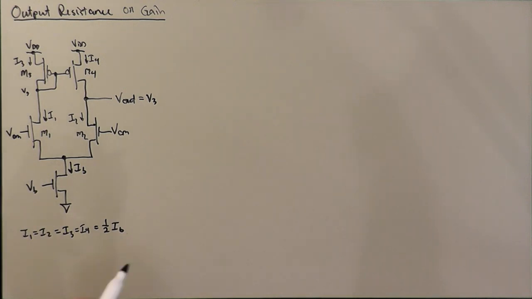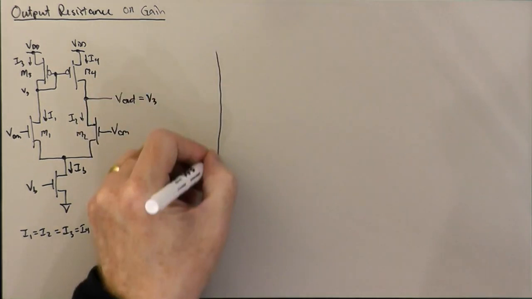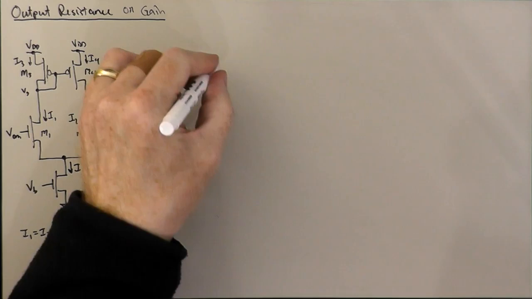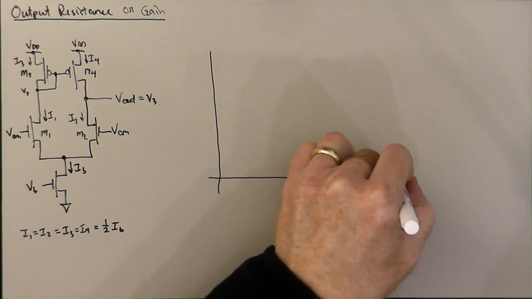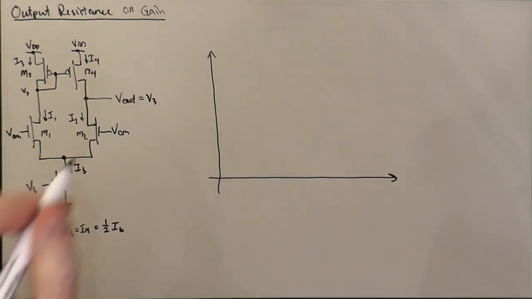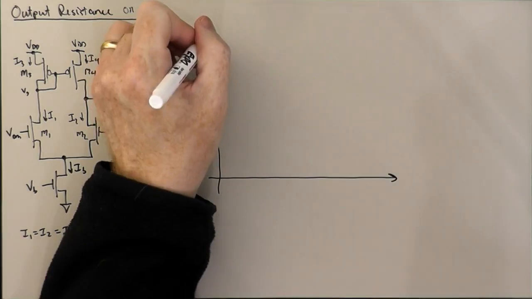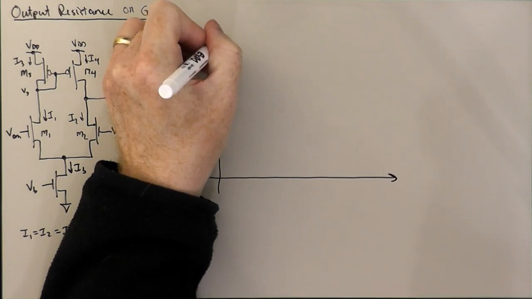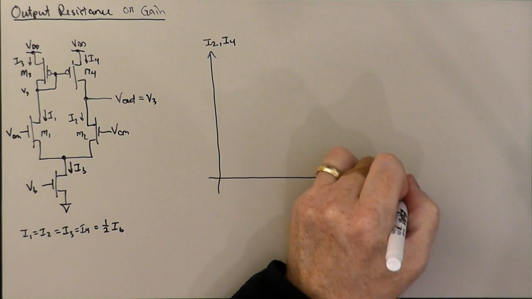Okay, so what I want to do is draw over here a plot showing the drain characteristics of M2 and M4. So this is going to be I2 or I4 as a function of V out.